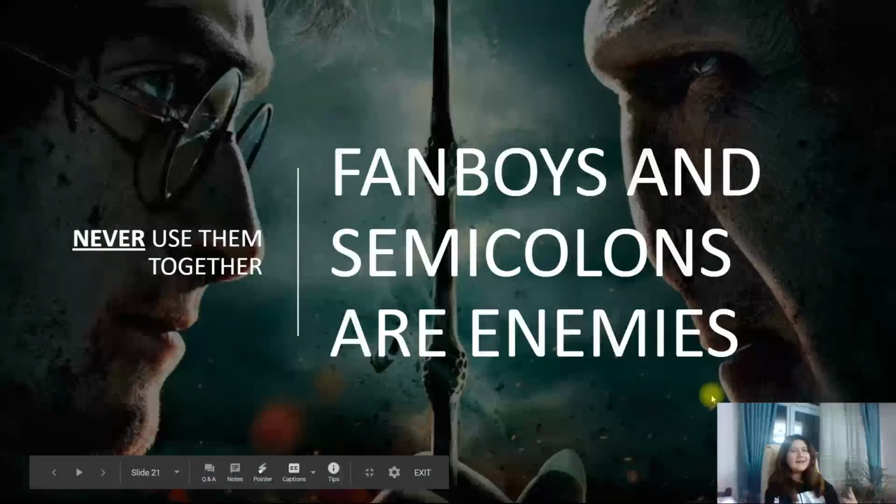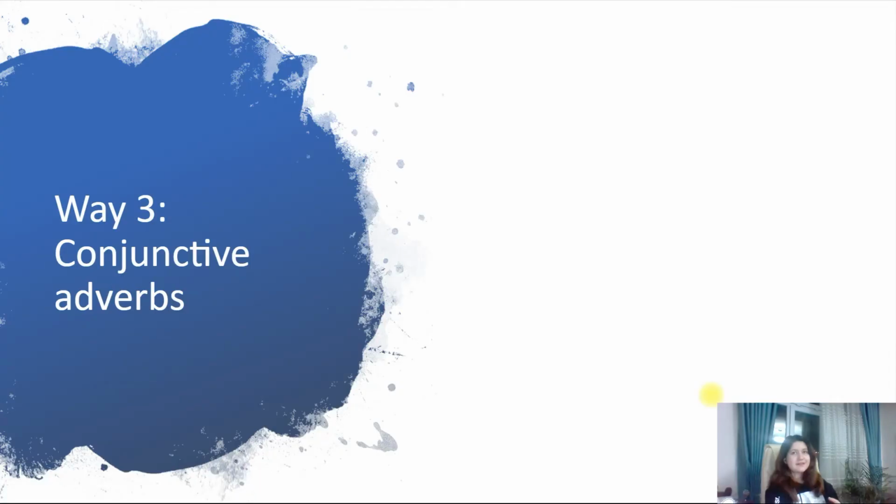Now let's move on to the last way of connecting two independent clauses. It's the way when we connect two independent clauses using conjunctive adverbs. Conjunctive adverbs are big, ugly words such as however, moreover, therefore, as a result, or other transitional expressions.